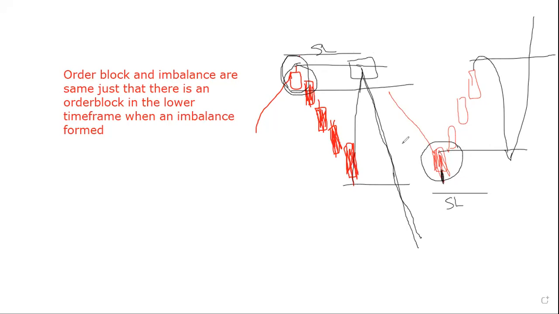That means it might decide to do this, go back up, then decide to drop into this particular low, this particular point. The whole body of this order block is the area where price can reverse around this point, then decide to go back up.